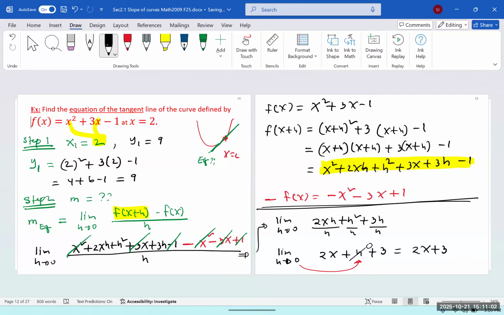Step 2 says use the difference quotient. The difference quotient is subtracting the original function from f of x plus h. So first you need to find what is f of x plus h. This is f of x plus h. All the x becomes x plus h. And then you expand everything.